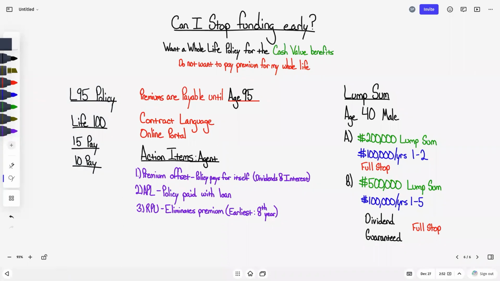So in this particular case, we're going to look at an L95 policy, which is a Guardian product. And what that 95 represents is this: premiums are payable up until age 95. So specifically, when we look at this policy, you're going to see a breakdown. We've got $100,000 per year going into the policy for 5 years, which is exactly what he wants.